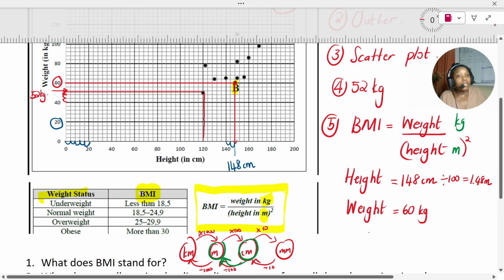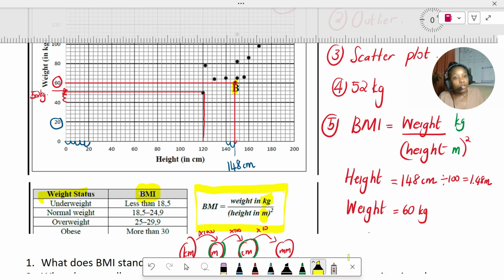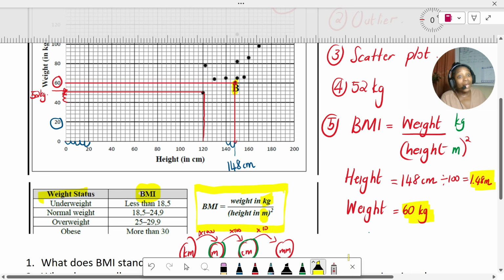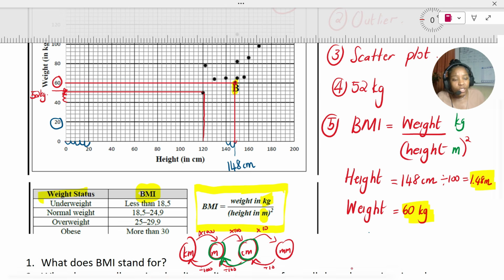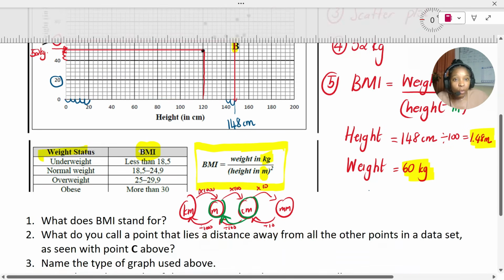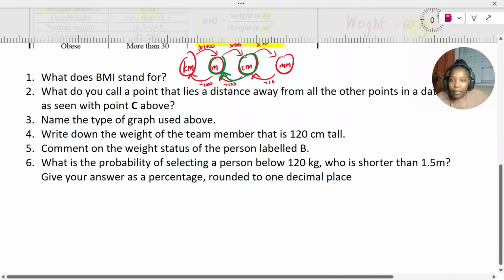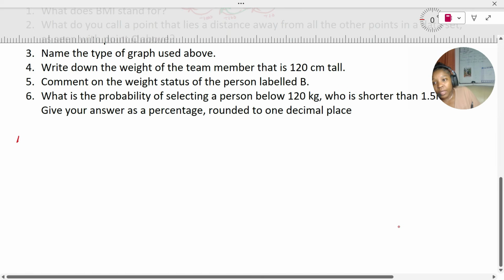So we've basically converted the person's height to a height in meters, and we've got the person's weight in kilograms. Now it's easy. All that we need to do is substitute all these values into this formula. I'm just going to move number 5 here. Remember, we're just trying to determine this person's BMI so that we can comment on their weight status.